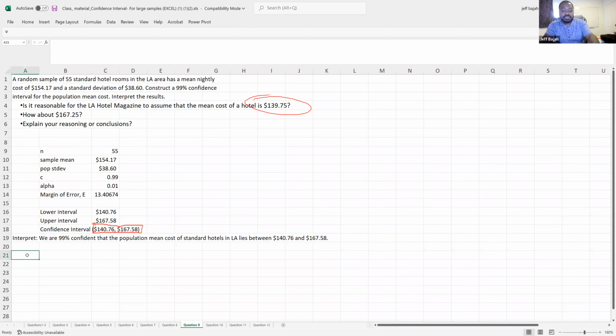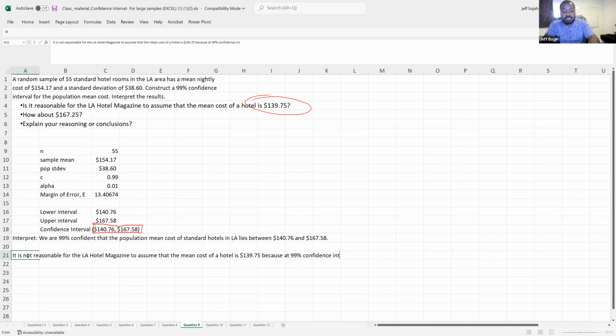So we'll say it is not reasonable for the LA Hotel magazine to assume that the mean cost of the hotel is $139.75, because at 99% confidence interval, this amount is outside the interval.